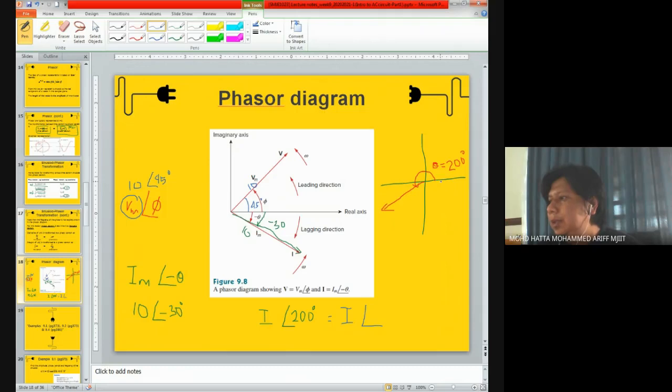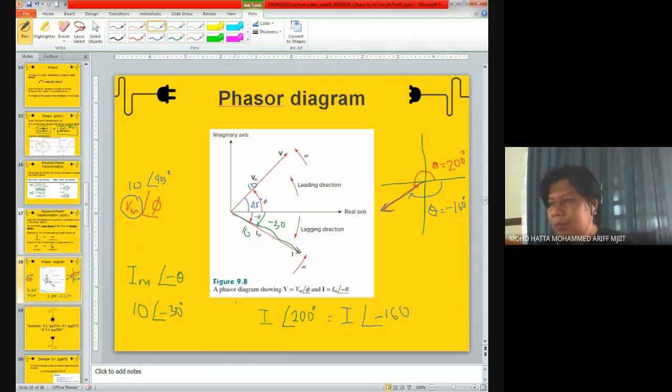And what is the balance here? 180 and 200, so this is negative 160. So I can also draw the same vector and consider the angle from the negative side. So this angle is considered as negative 160 degrees. So it doesn't matter.